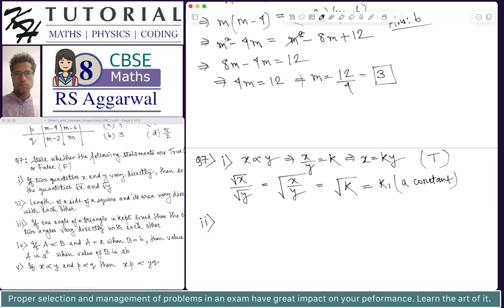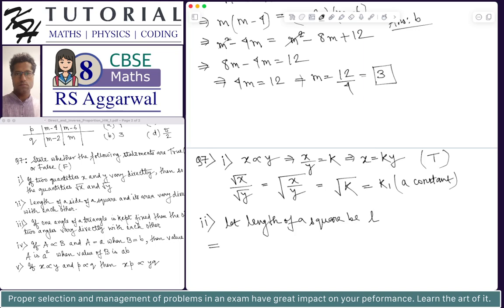Now, let's say, let small l be the quantity. Let small l denote the length of a side of a square.